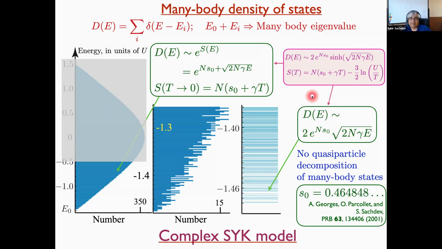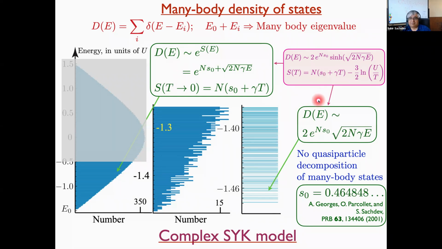If you change the UV behavior, either in gravity or in the SYK model, you'll always get this entropy, but the value of gamma and U can change. Actually, even the value of S0 can change. But the 3/2 doesn't change, amazingly. S0 will change, gamma will change, U will change.